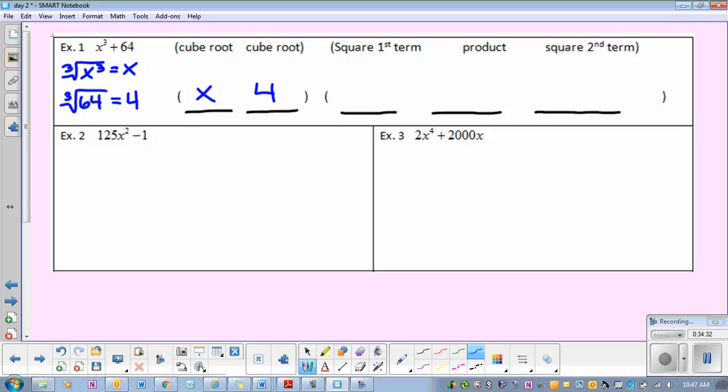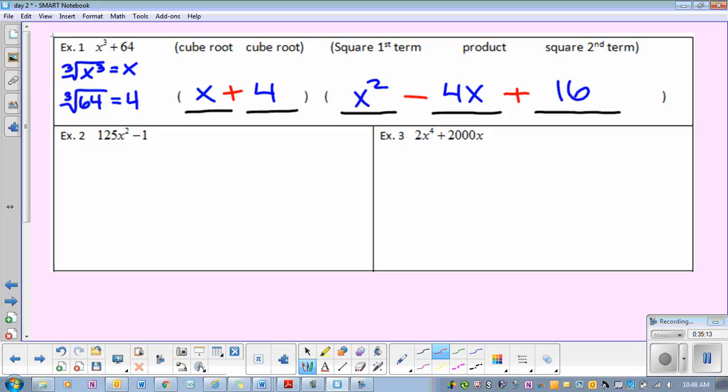Let's look at our big parentheses. The first one, you square the first guy: x squared. In the middle, 4x, because you multiply them. And then the last one, you square the second one: 16. Good job. Now, SOAP: same, opposite, and then always plus. There we go. Good.